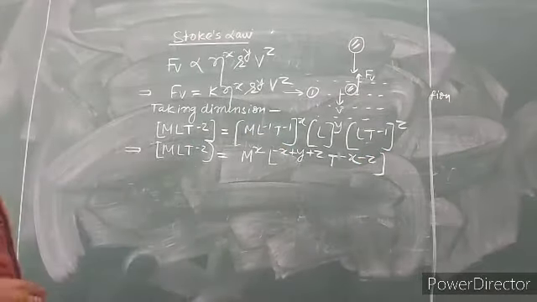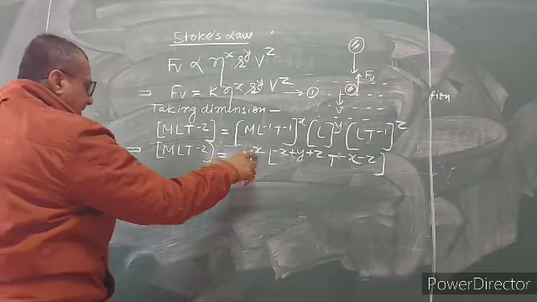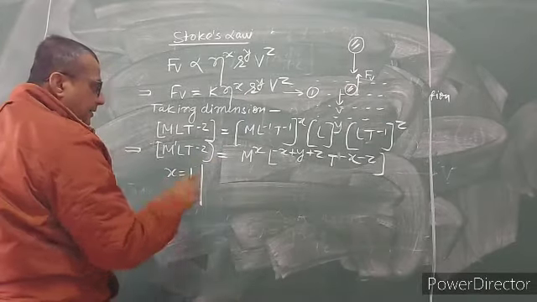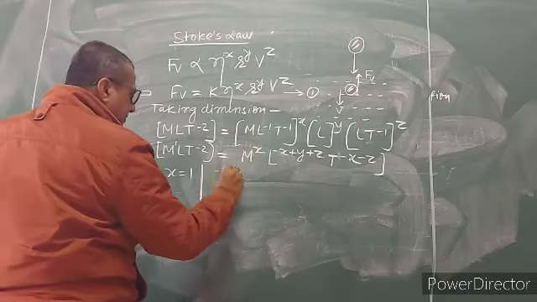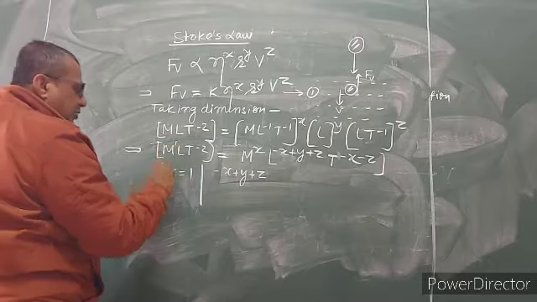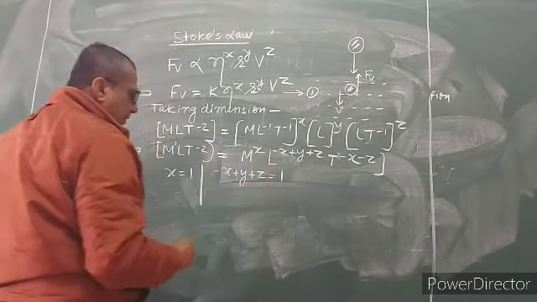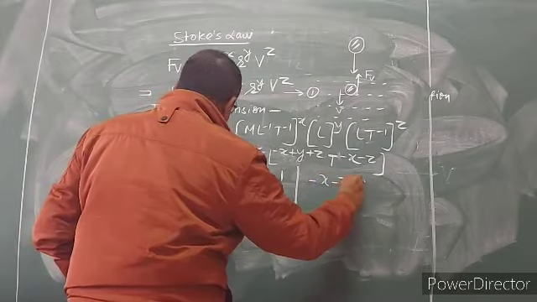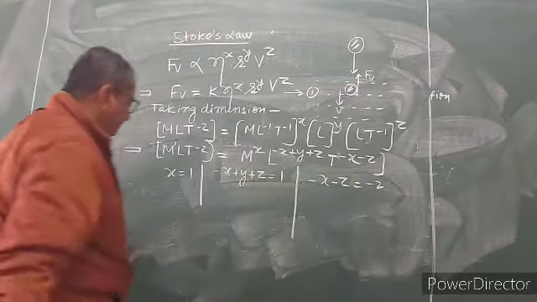From the principle of homogeneity, x equals 1, minus x plus y plus z equals 1, and minus x minus z equals minus 2.